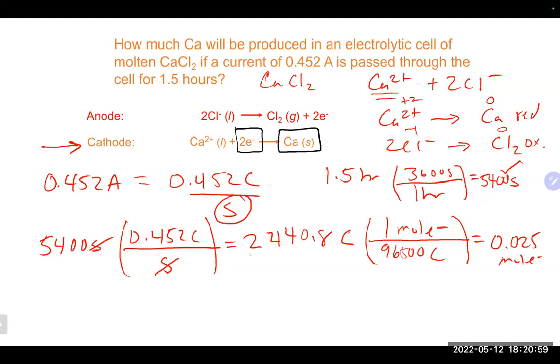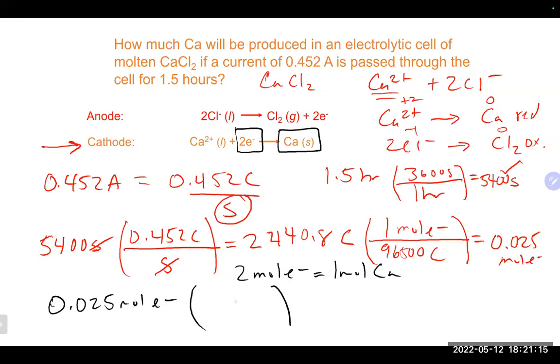And what we see from the half reaction is every 2 moles of electrons give us 1 mole of calcium. So we're going to use that as a conversion factor. That's going to give us 0.025 moles of electrons, with 2 moles of electrons on the bottom, so they cancel, and 1 mole of calcium on top, so that is that number divided by 2.